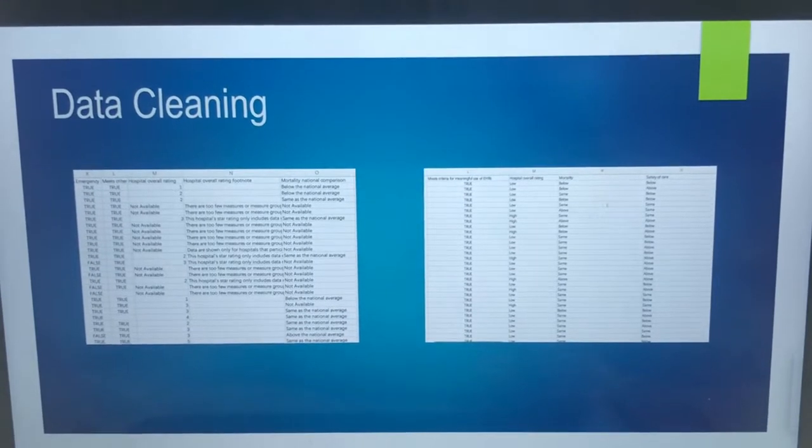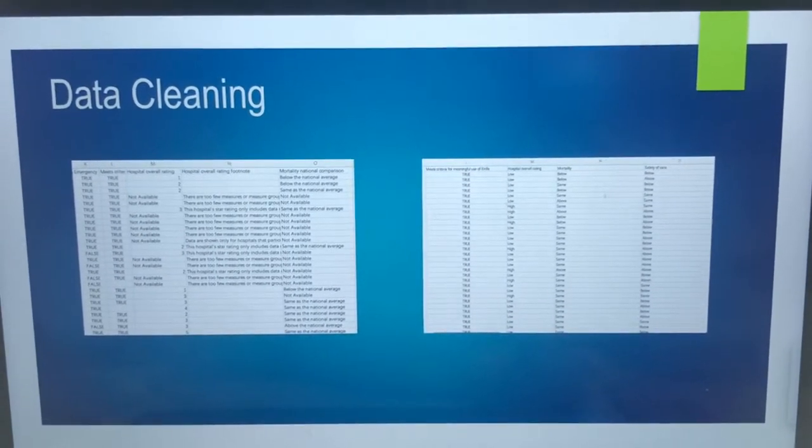The historical data of hospital rating ranges from 1 to 5 stars.